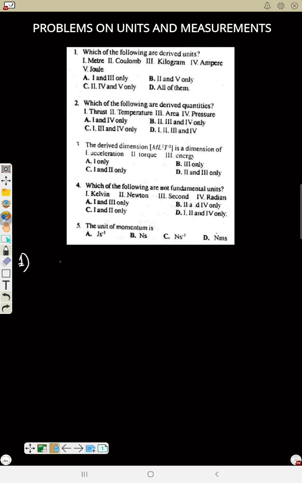These are the 7 fundamental units: kilogram for mass, meter for length, second for time, amps for current, Kelvin for temperature or degree Celsius, mole for amount of substance, candela for luminous intensity.